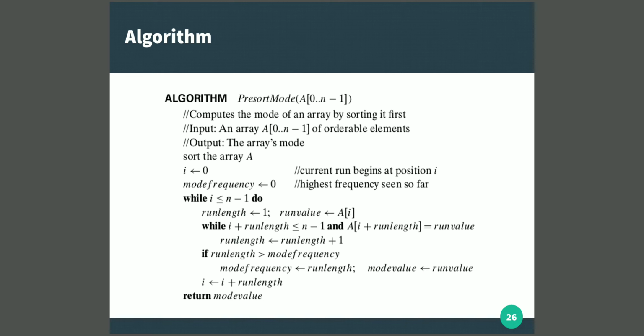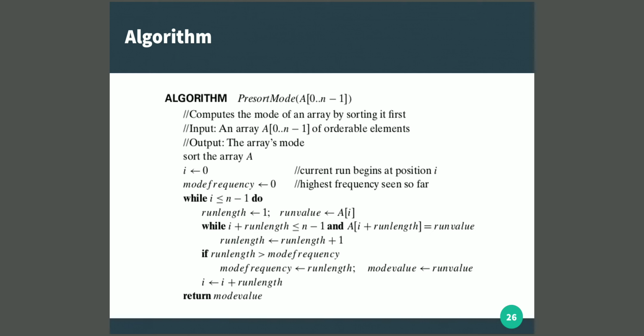So the mode value is 4, mode frequency is 2. At a later point, I find out that the element 5 has a run length of 6, that is, 5 is repeated 6 times. My current mode frequency says that 4 is repeated 2 times, but I have found a newer element 5 which is repeated 6 times. Run length is 6, run value is 5. Then we update the mode frequency as 6 and the mode value as 5.